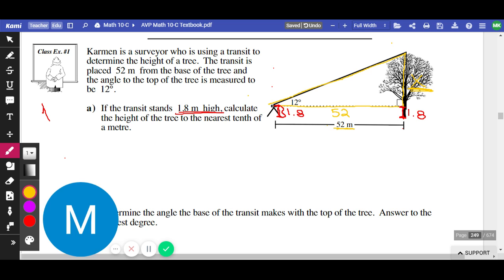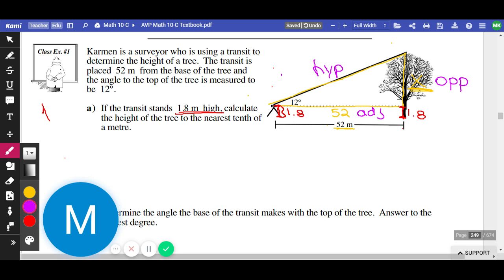Awesome. To do SOHCAHTOA, you have to label your triangle properly. That's opposite, adjacent, hypotenuse. Opposite is across from the angle you're working with. So across from 12 degrees over here is your opposite. Your longest side across from the 90 is your hypotenuse. And the third side is your adjacent. So we labeled our triangle.